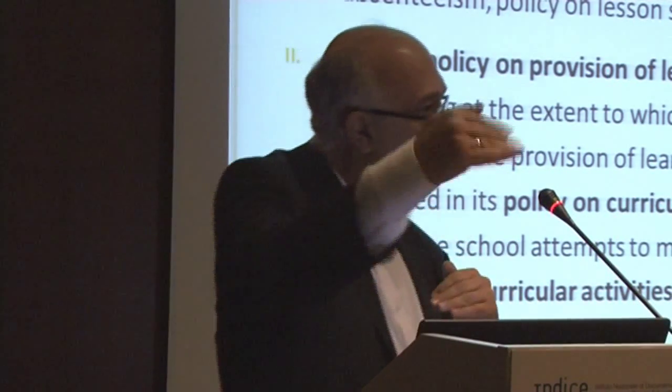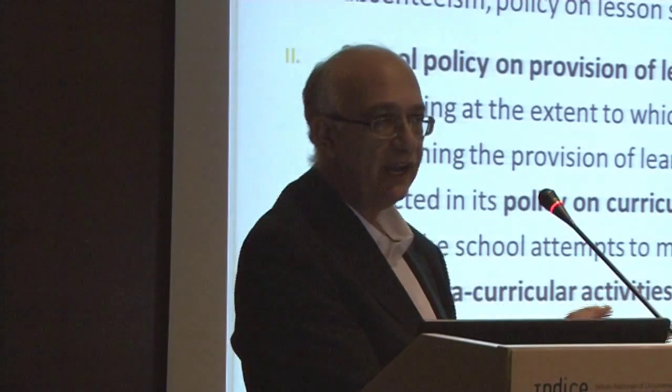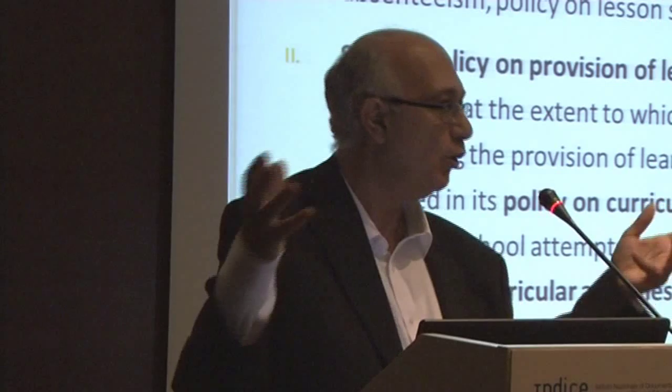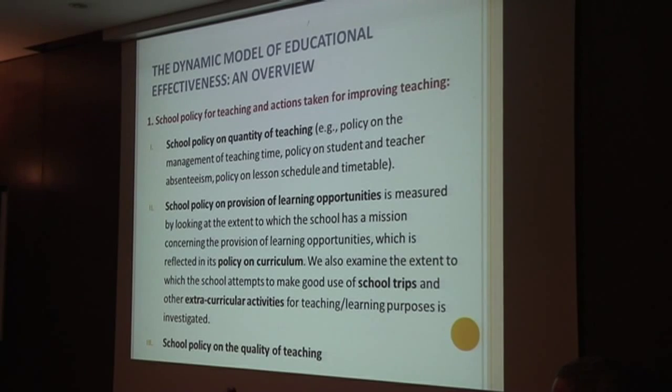The model moves a step forward. It doesn't look only at quantity of teaching. We move to look at provision of learning opportunities beyond those that are offered in the official curriculum. For instance, we examine the extent to which the school attempts to make good use of various extracurricular activities for learning purposes.